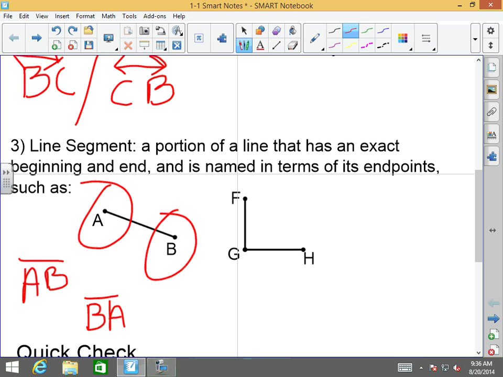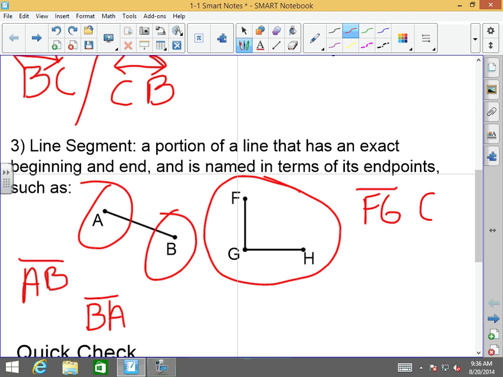Okay? Who can give me, well, there's only going to be two segments here, but you can write them a few different ways. How would you write the segments to this figure right here? Can anyone give me a segment? Yes, sir. FG or GF. Very good. And what else? Yes, sir.